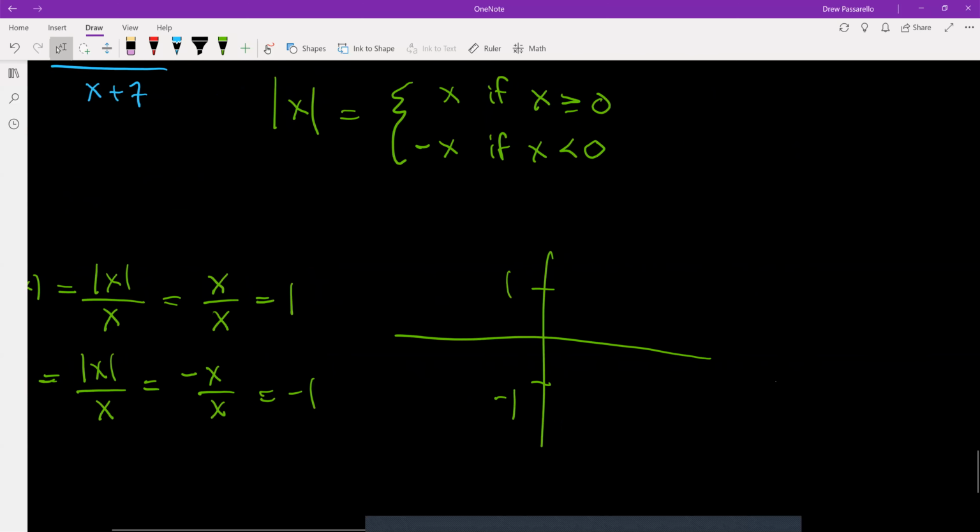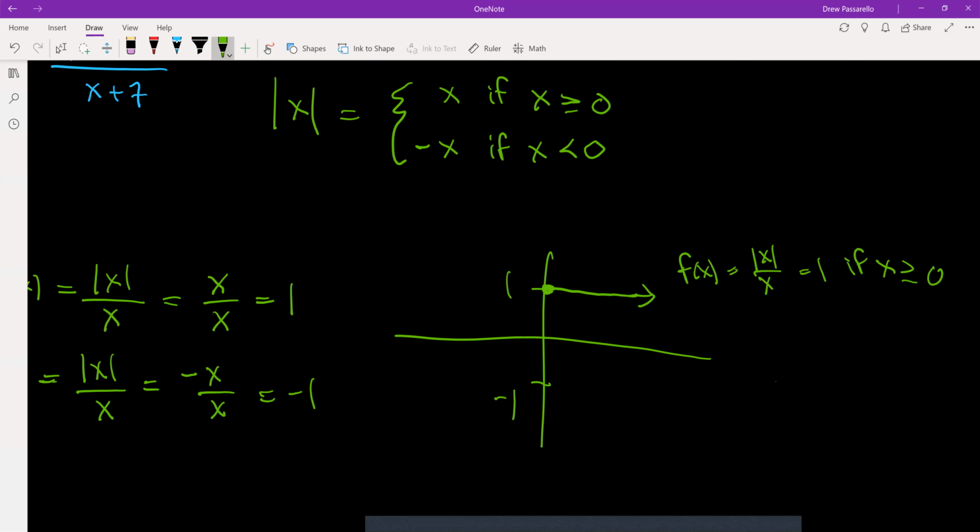So starting at 0, it's 1, and then everything to the right of 0, it's also going to be 1. So it's going to look like this for that portion. So this is f of x equals absolute value of x over x, which eventually just equals 1 if x is greater than or equal to 0.